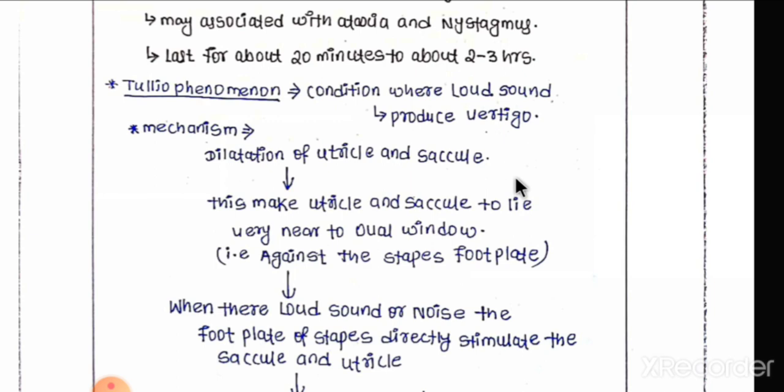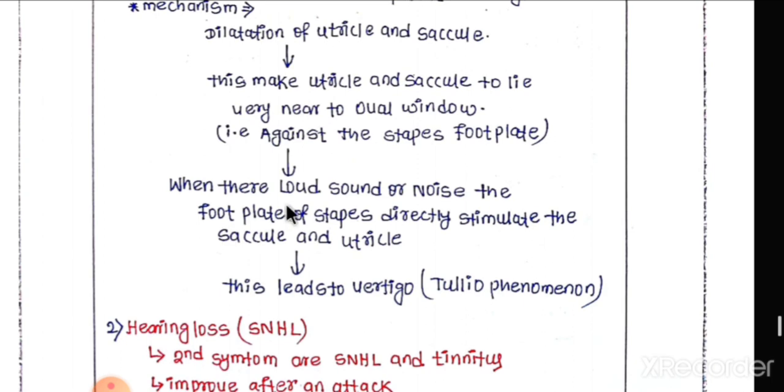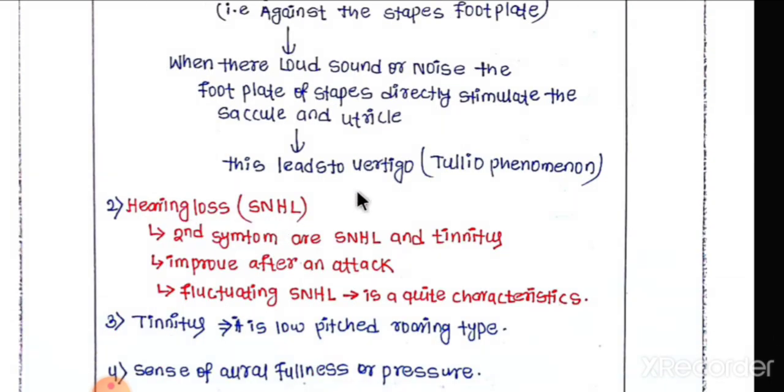When there is excessive production of endolymph within the scala media or in the saccule or utricle, there is dilatation of the utricle and saccule. This makes the utricle and saccule lie very near the oval window against the stapes footplate. When there is any loud sound or noise, the footplate of the stapes directly stimulates the saccule and utricle. This leads to vertigo, and this is the Tullio phenomenon.